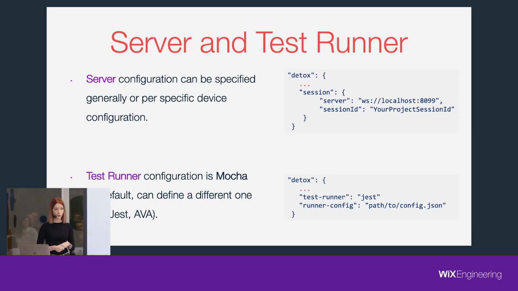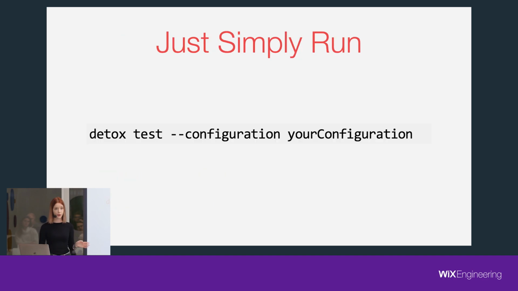By default, it would be Mocha if not defined, or Jest or Ava, just as I mentioned before. Also, you can select a different server configuration for any device type that you have declared before. And after you specify all the parameters that you want, you just need to simply run detox test with your configuration attached and your tests are running.